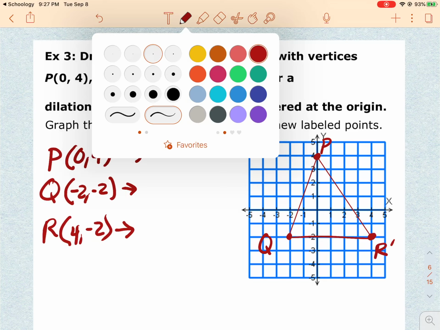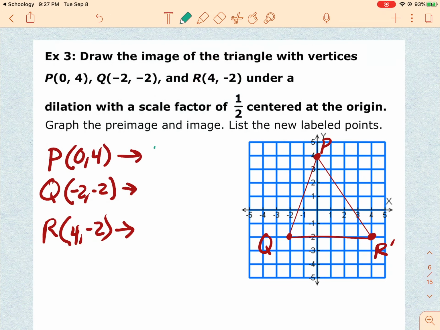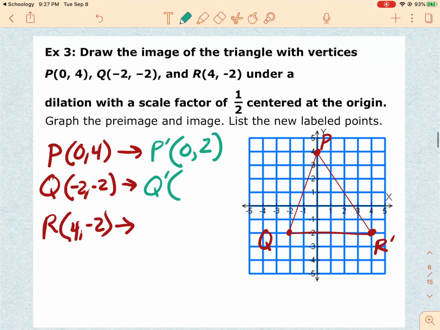Our new points: half of 0 is 0, half of 4 is 2, half of -2 is -1, half of 4 is 2, and half of -2 is -1.